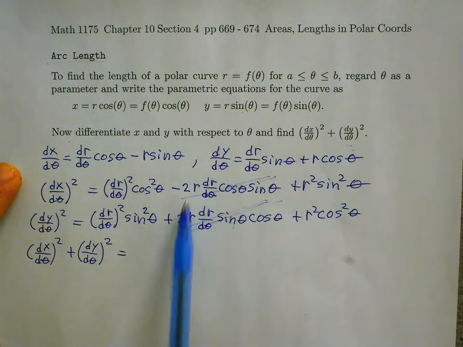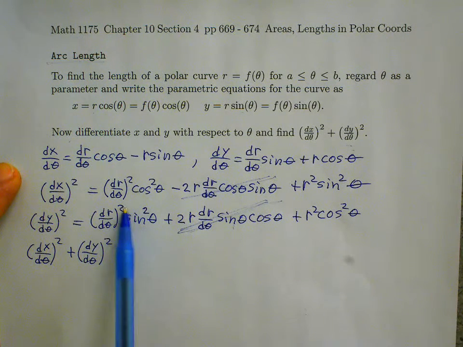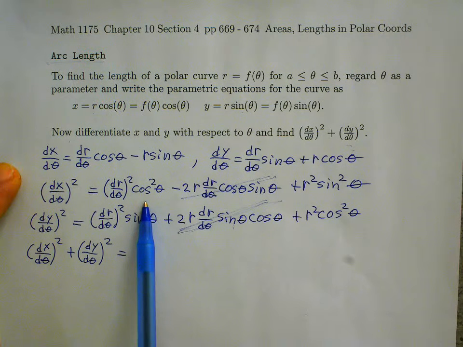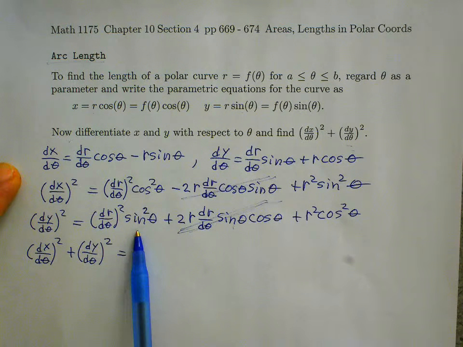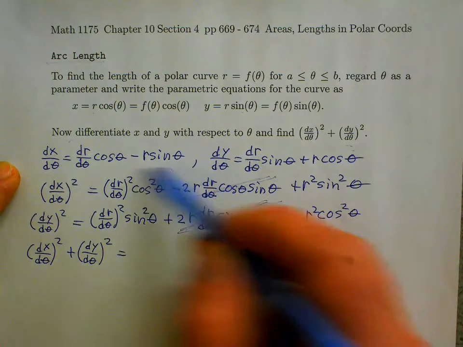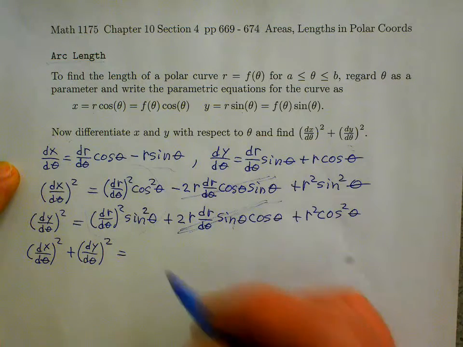And what do we get when we add dr d theta squared times cosine of theta squared to dr d theta squared times sine of theta squared? Okay, we're going to add these terms.